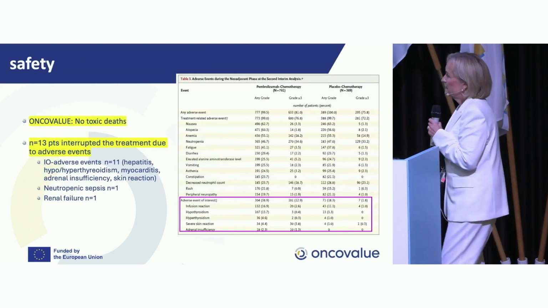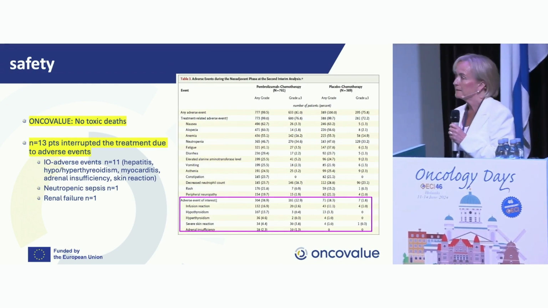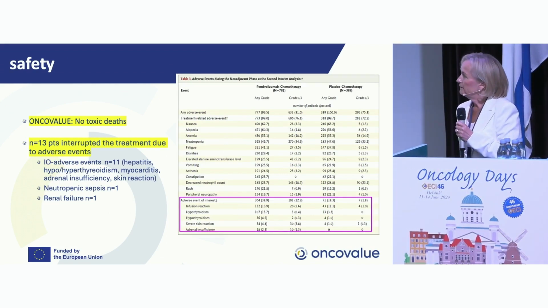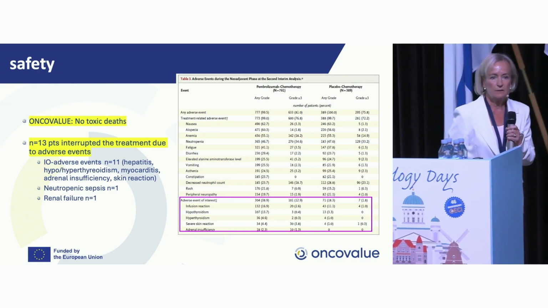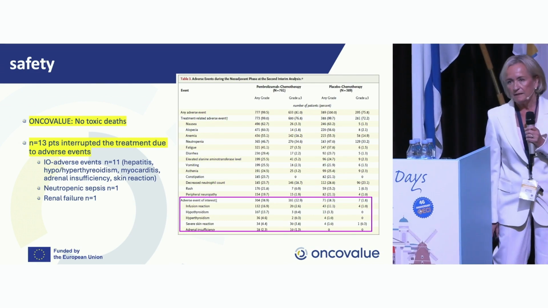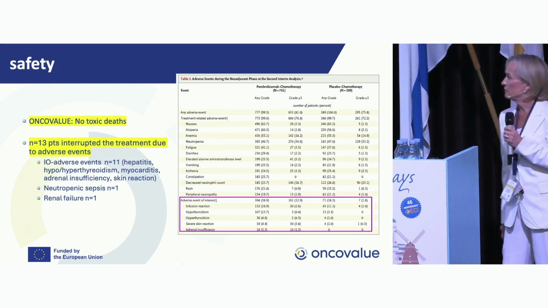And about the safety. First of all, we didn't have any toxic deaths. But when it comes to the adverse events, that is something to be done. That is the part of data which we do not have structured.